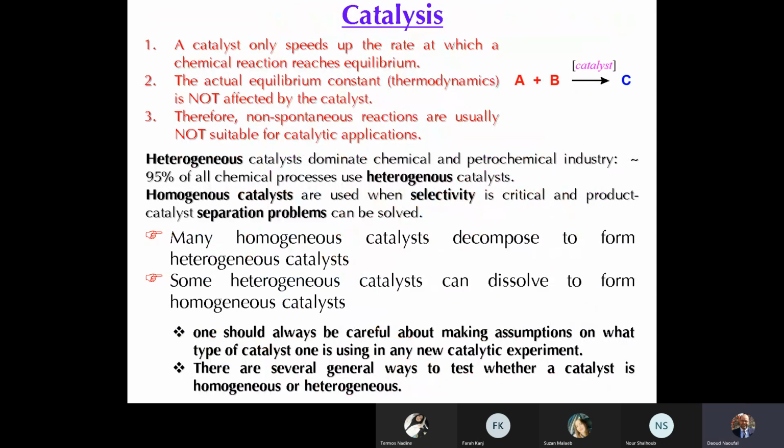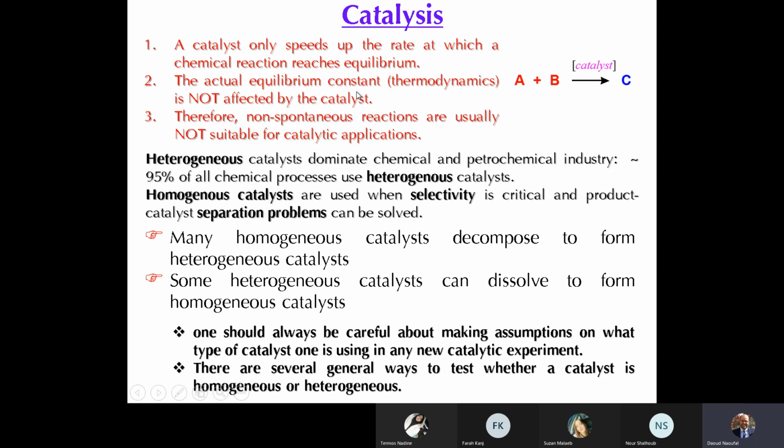First of all, what is the definition of a catalyst? A catalyst is a substance added in very small amount in order to make a non-spontaneous reaction spontaneous. Or if the reaction is spontaneous, adding a catalyst will increase the rate of the reaction to reach the equilibrium.